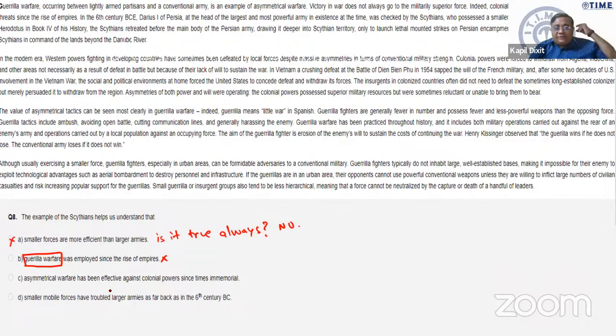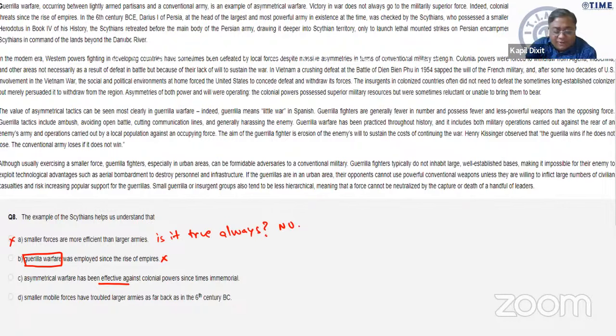Asymmetrical warfare has been effective against colonial powers since times immemorial. Oh, this is good. A good choice. Now, why is this not the answer? Asymmetrical warfare is effective. I don't know. I marked B because that's the main idea of the passage. Oh, Mahima. Guerrilla warfare was employed since the rise of empires. No. Asymmetric warfare, not specifically guerrilla warfare.